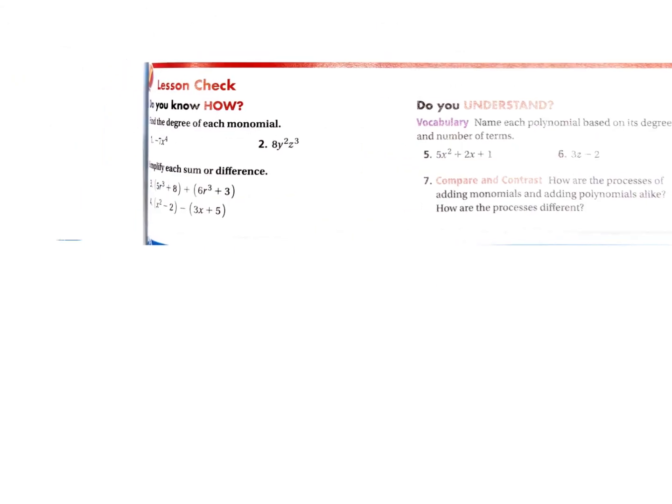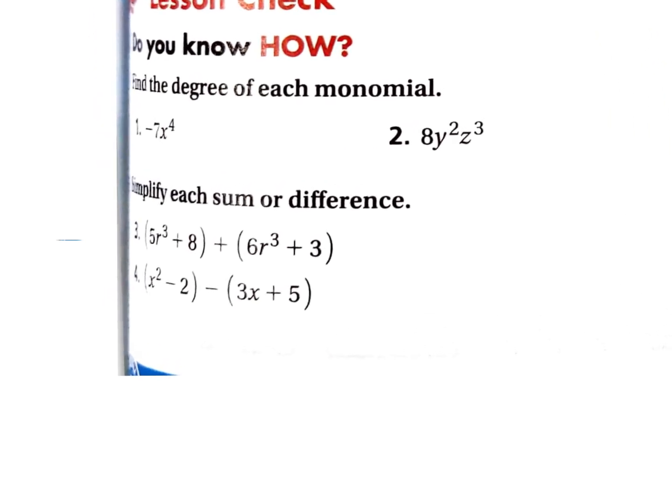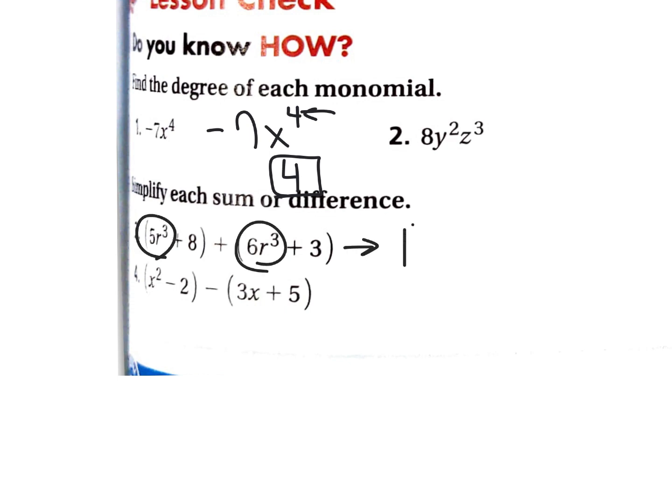So if we look at the lesson check, number 1, they want the degree of that monomial. Rewrite it here, it's a little curved, but that would be to the 4th degree. The next part, they want us to simplify these. So if you simplify on number 3, just combine your r cubed terms together.